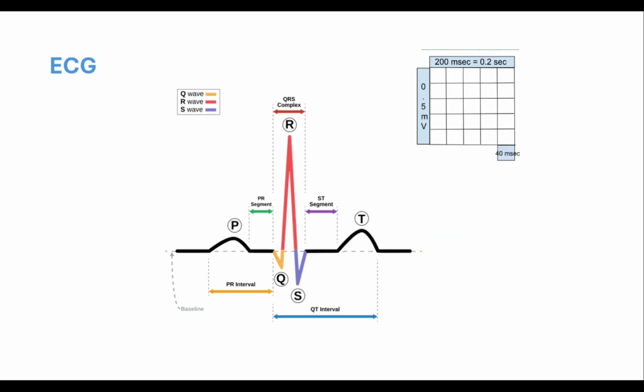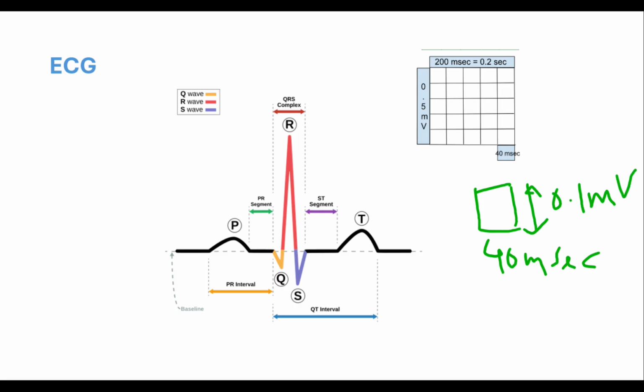Now, to read an ECG, you have to know the dimensions of the squares that you have on the ECG strip. So one small box is going to be 40 milliseconds in duration. Along the x-axis is going to be duration. Along the y-axis it's going to be amplitude, and the amplitude is going to be 0.1 millivolt.